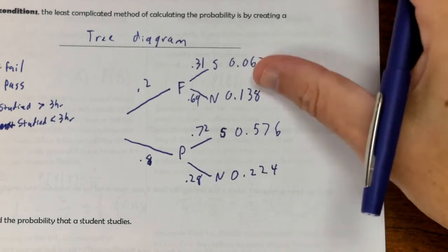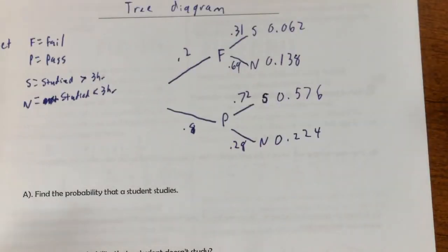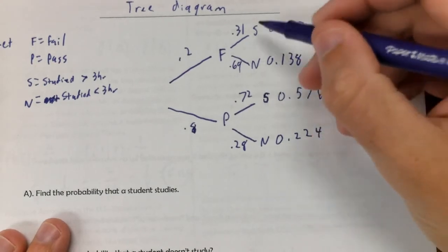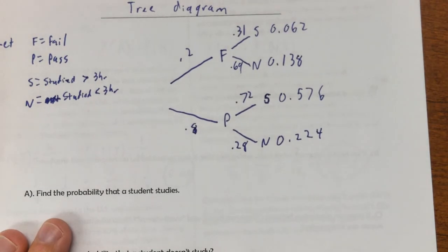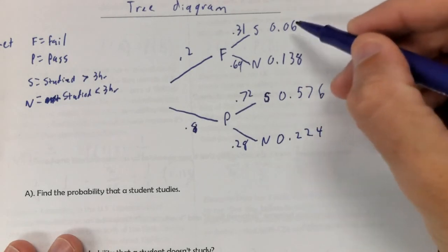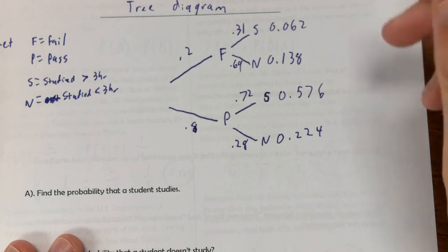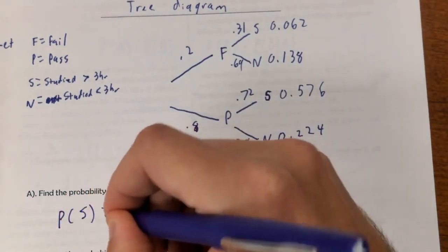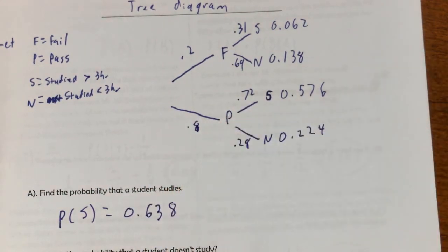Now, how do I find the probability that a student studied for more than 3 hours? Well, I take all of the scenarios where I see studying, and I add those together. So 0.062 plus 0.576, when we add those together, that's the probability that we study, and that's going to be equal to 0.638.